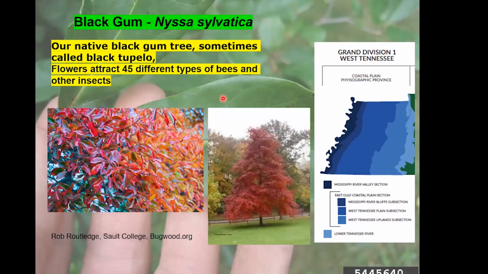You'll also see the black gum, which is the native black gum. It's often called the tupelo tree, the black tupelo. And these are very instrumental for insects. They attract 45 different types of bees and other insects. So that's very beneficial.